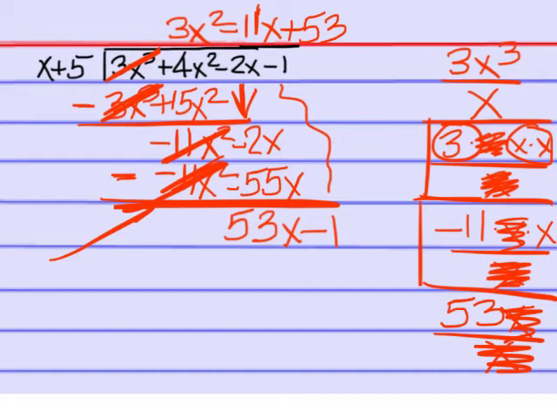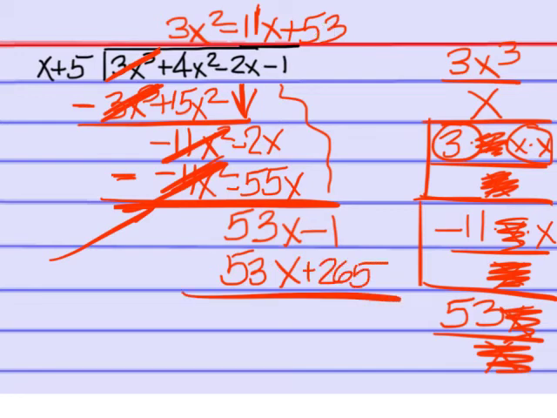and then go back and multiply 53 by x and 53 by 5. 53 times x is 53x, and then 53 times 5 is going to be 265. And subtract.